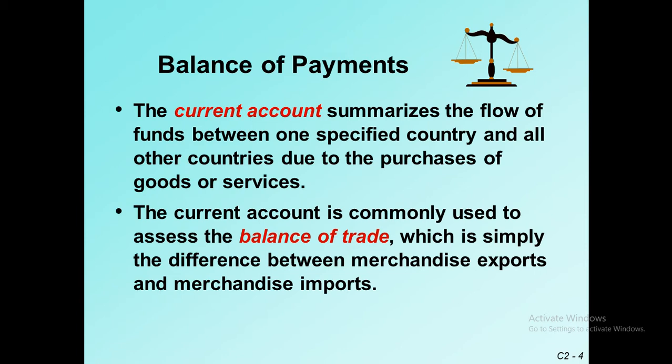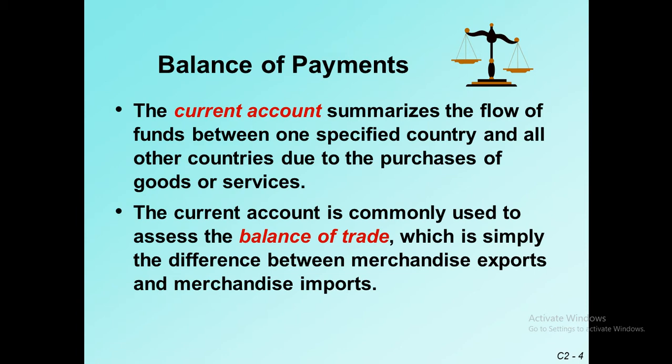It also covers the provision of income on financial assets, or unilateral current transfers, for example, government grants, pension funds, and private remittances. These are the components of the current account.